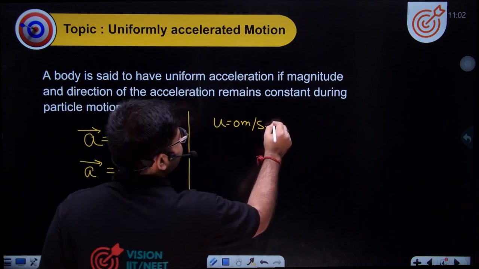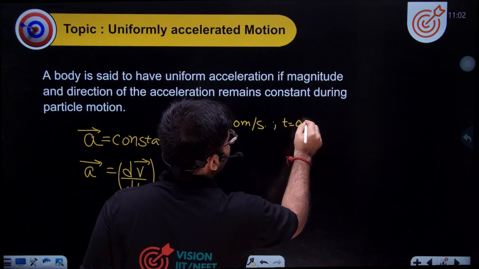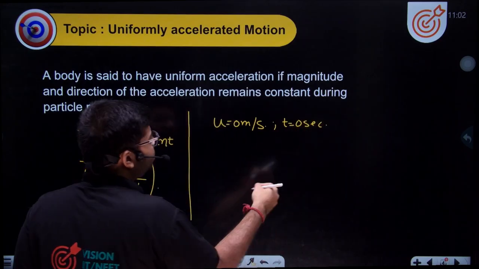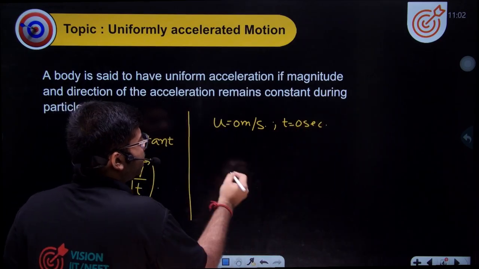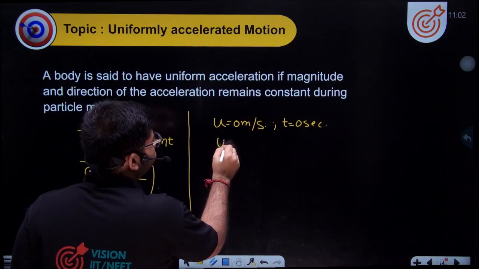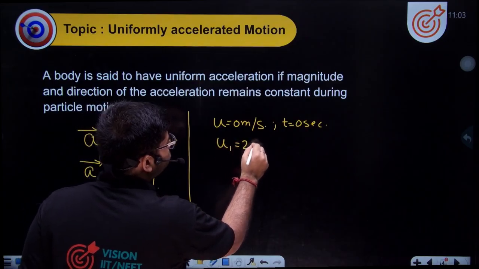So at time t is equal to 0, the initial velocity is 0 meter per second. At time t is equal to 1, what is going to be the velocity? u1 is going to be 2 meter per second.